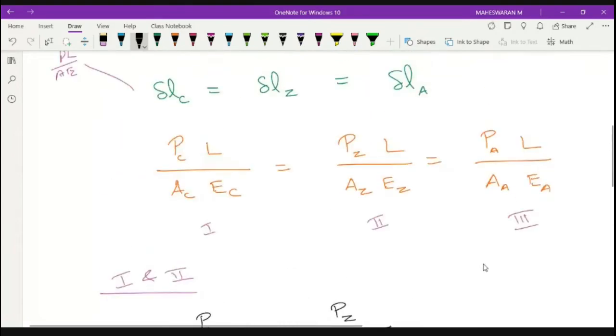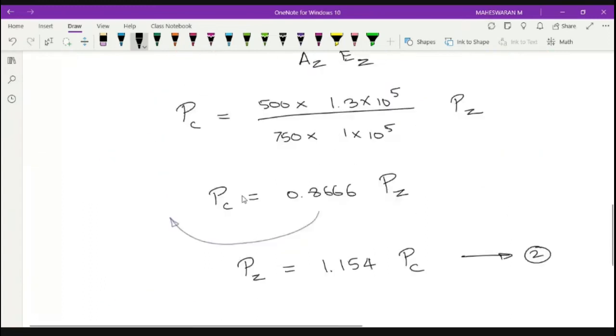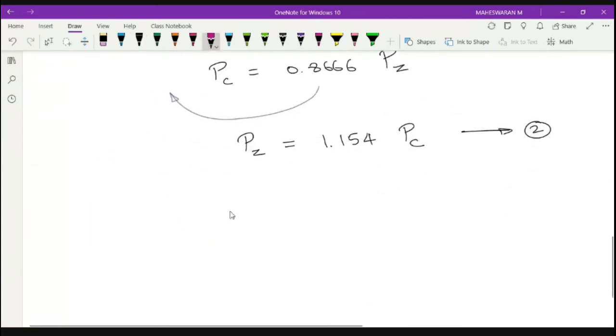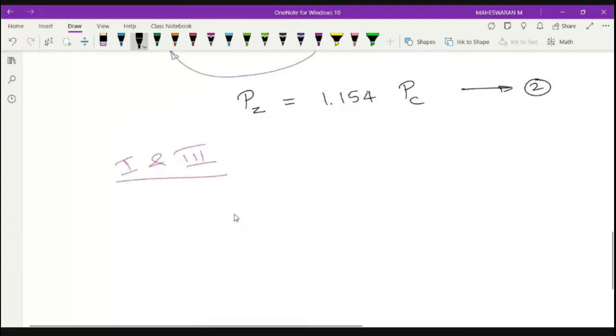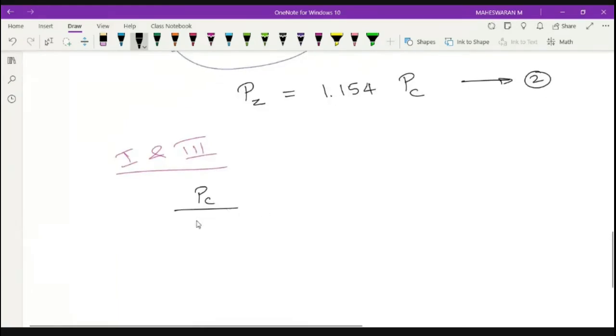Next, I have to convert PA in terms of PC. My relation is relating 1 and 3, not 2 and 3. So PC by AC EC is equal to PA divided by AA EA.